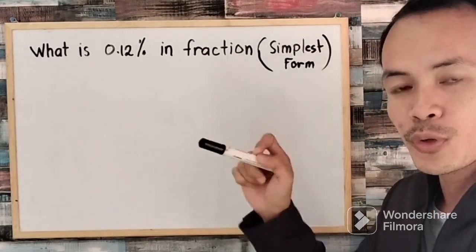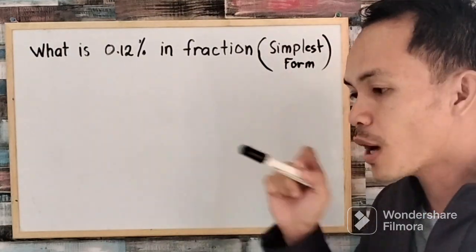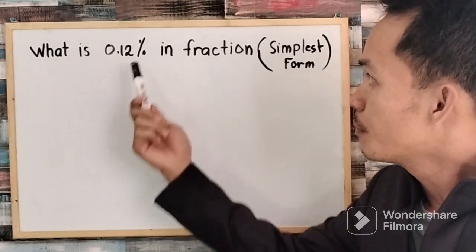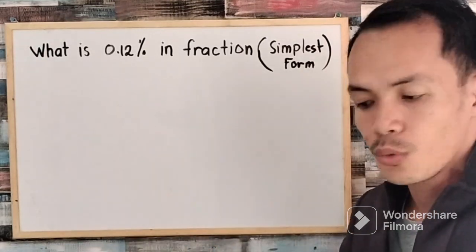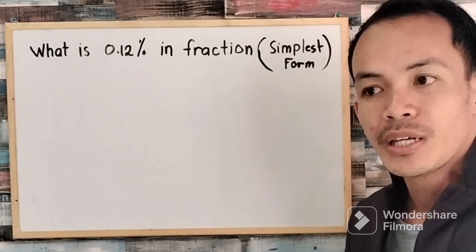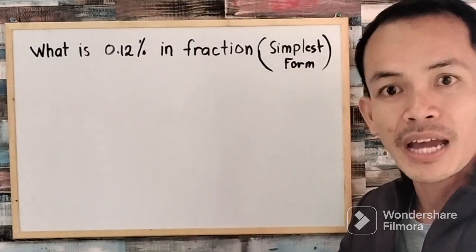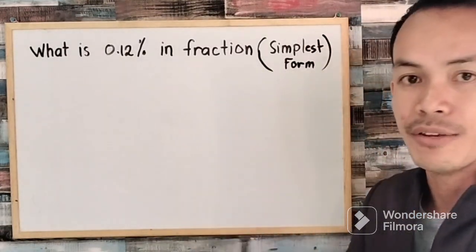Before that, we have to understand what is percent. Percent comes from the Latin word percentum. What is that in English meaning? That is by 100 or per 100.